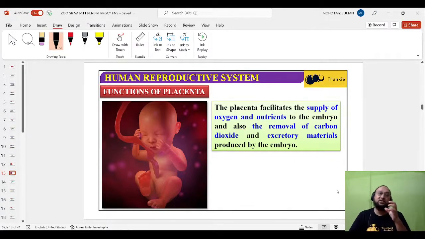Oxygen is supplied from the mother's blood to the fetus. After respiration, carbon dioxide is produced as a waste product that must be removed from the fetus; it passes through the blood vessel in the umbilical cord and then to the mother's blood. So excretory material, nutrients, oxygen, and respiratory gases are exchanged through the placenta.